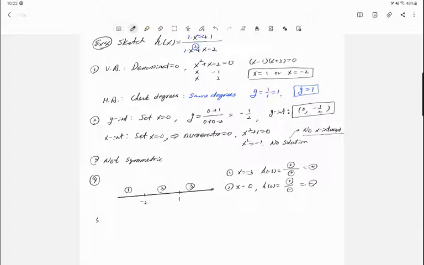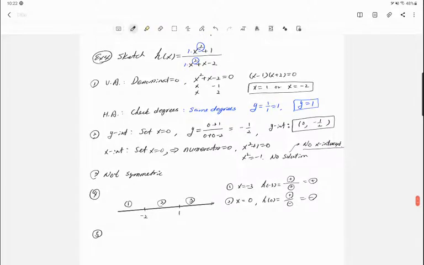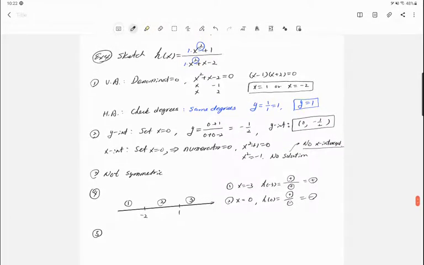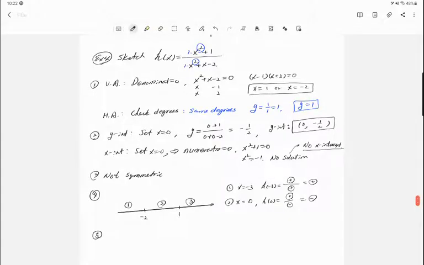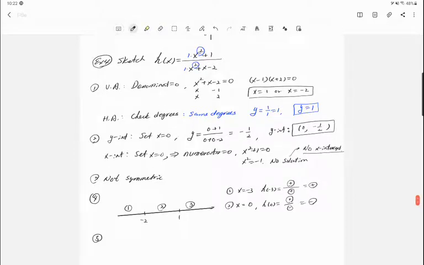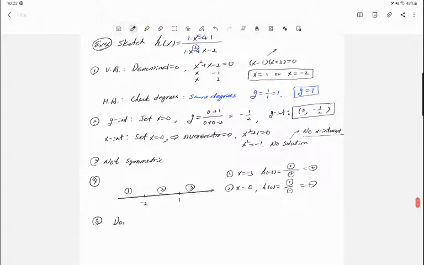Next, we can try the end behavior. Look at the denominator, the factors x minus 1 and x plus 2.